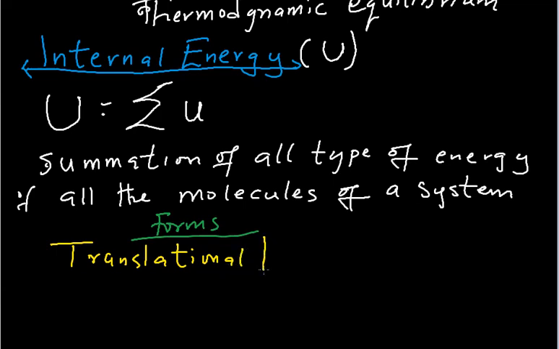Now, if we are dealing with gases, the word translation means movement in a straight line. So the motion of that particular molecule in a straight line gives it translational kinetic energy.